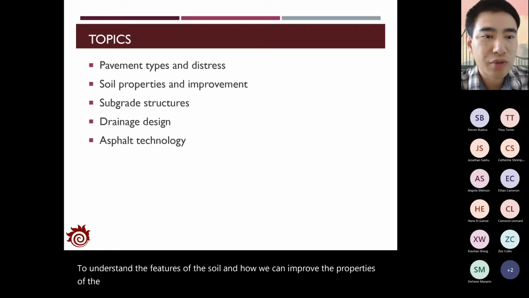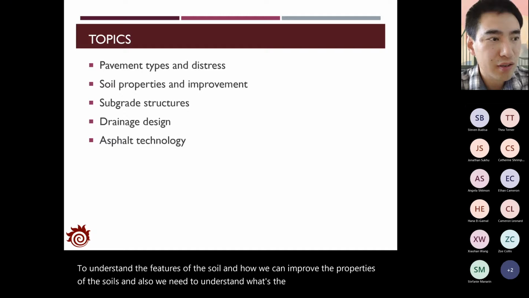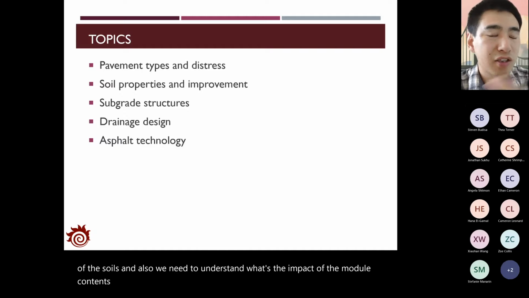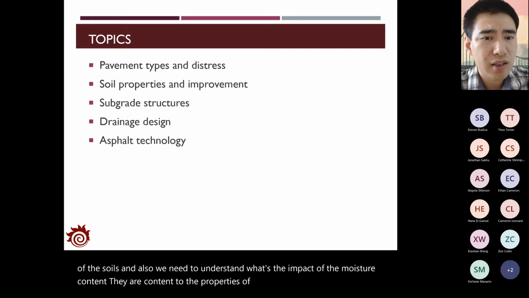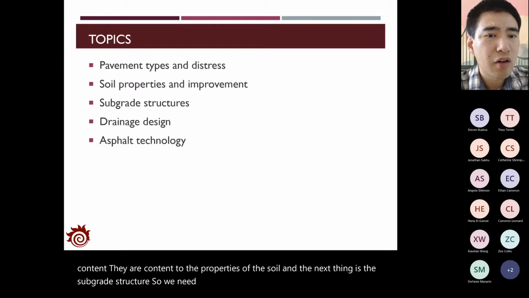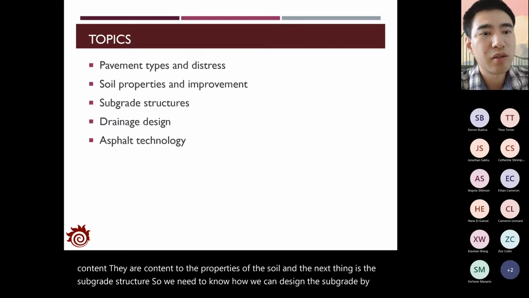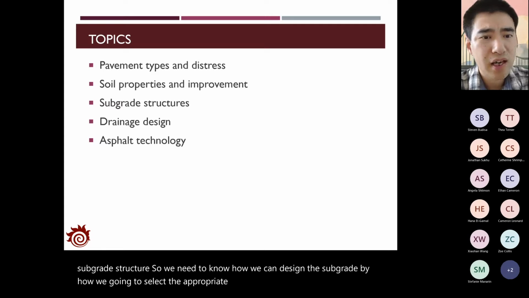We also need to understand the impact of the moisture content on the properties of the soil. The next thing is the subgrade structures. We need to know how to design the subgrade and how to select the appropriate materials for it. And drainage design is another important topic.